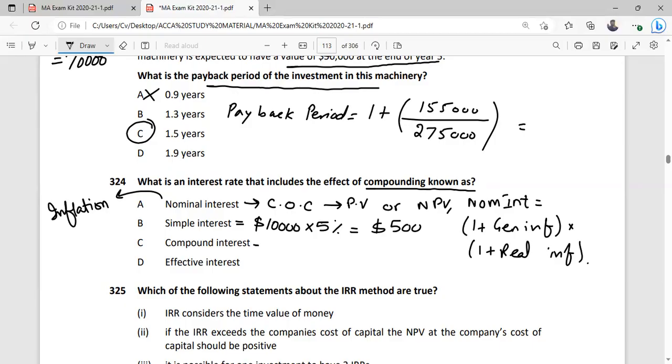Compound interest means you invested $10,000 and you will withdraw after 5 years. So 1 plus interest rate raised to power number of years, minus 1. It means 1.05 raised to power 5 years, minus 1.